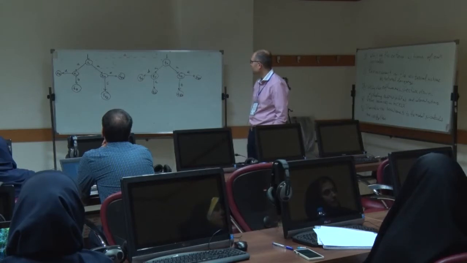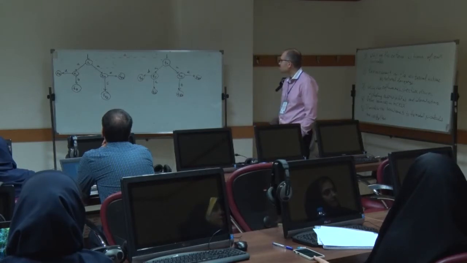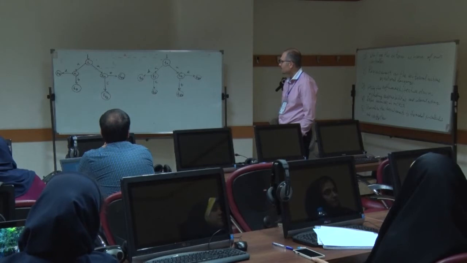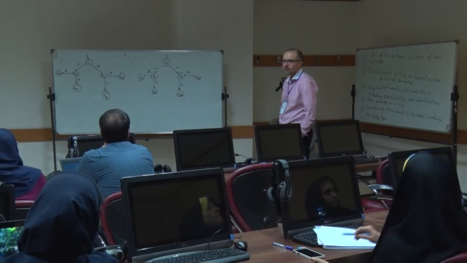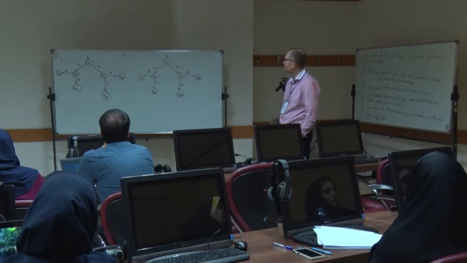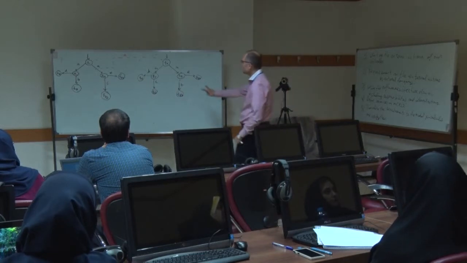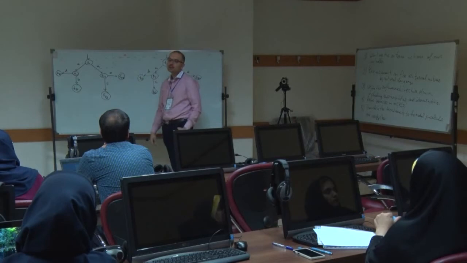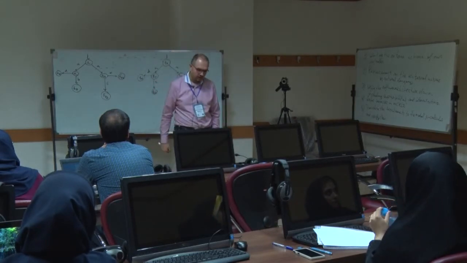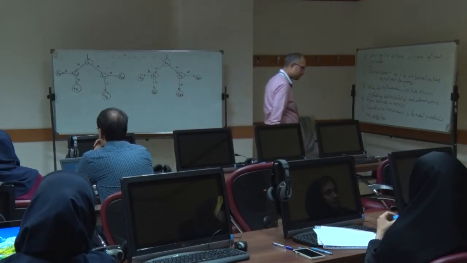Now, what happens? So you should show that neither of these two can be a bisimulation relation. How do you do that? Why can R naught not be a bisimulation relation?